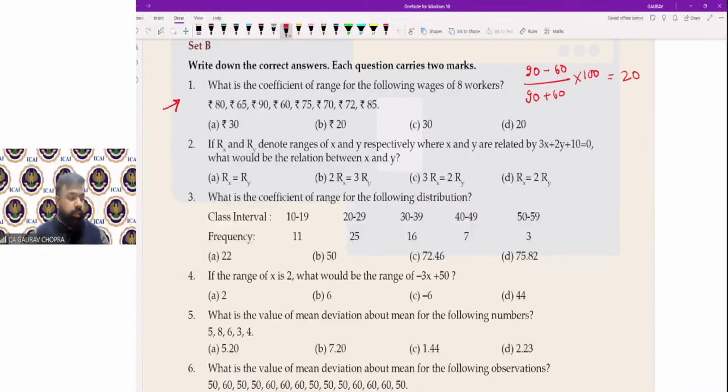B or D? Because 20 is written in both B as well as D. तो किसको select करें? So since we are talking about the coefficient of range, it is a unit free measure. तो rupees नहीं आना चाहिए. D option will.